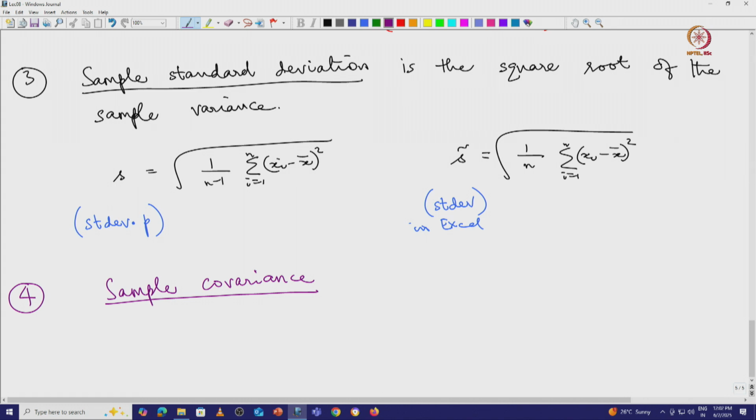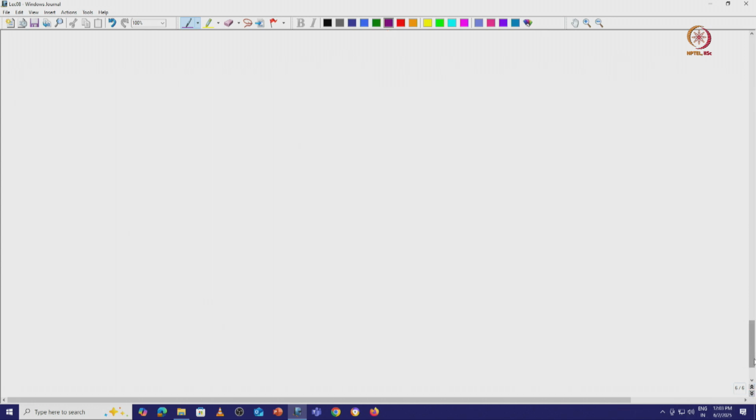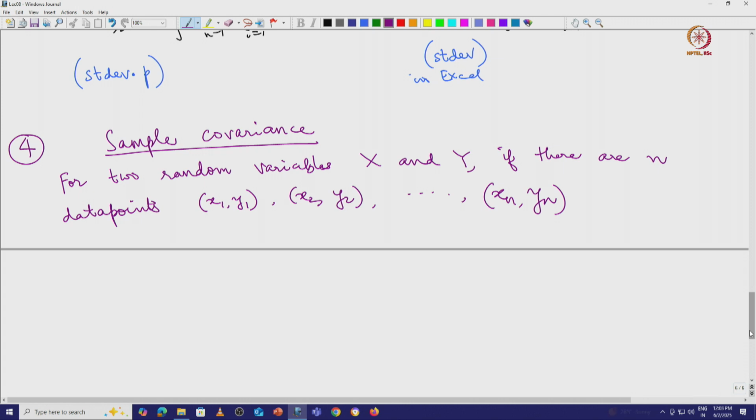Again we take two random variables, capital X and capital Y. If there are n data points, x1 y1, x2 y2 and so on up to xn yn, then you can define the sample covariance for this particular data set. Let us see how that can be done.